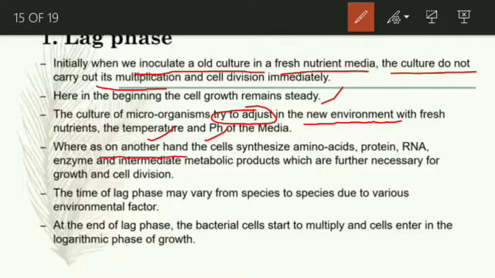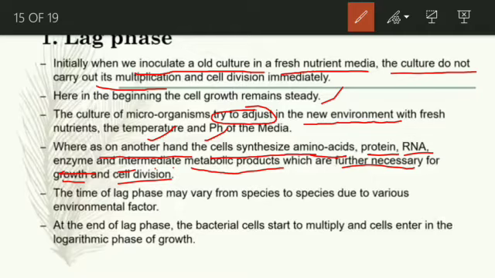Whereas on the other hand, the cells synthesize amino acids, protein, RNA, enzymes, and intermediate metabolic products which are further necessary for growth and cell division. That is very, very important. Now, if bacteria is not dividing, then we should not say it is not doing anything.